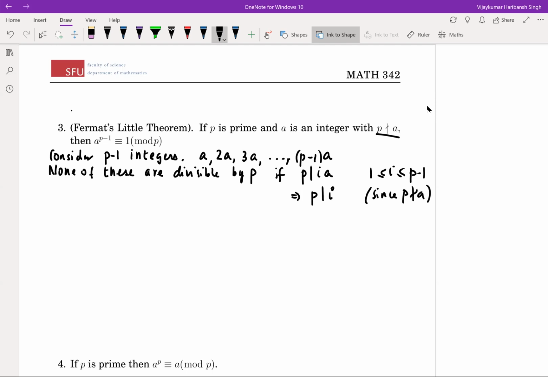This uses the result that for a prime, if p divides ab, then either p divides a or p divides b. Since p does not divide a, this is not possible, since i is between 1 and p minus 1. So therefore, none of these are divisible by p.